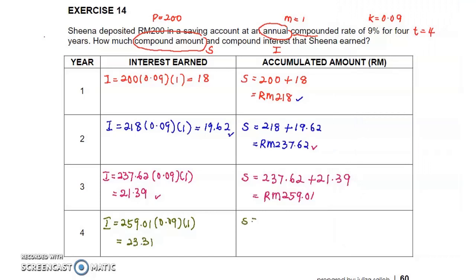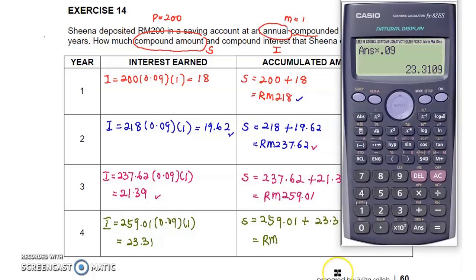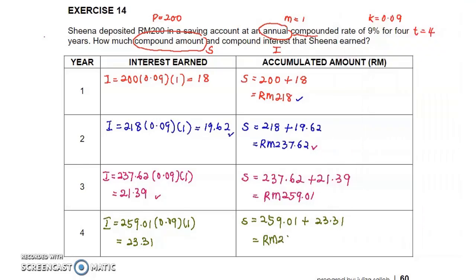So the accumulated amount at the end of the fourth year: previous year we had 259.01 plus the fourth year interest of 23 ringgit 31 cents. So at the end of the fourth year, we have 282.32.